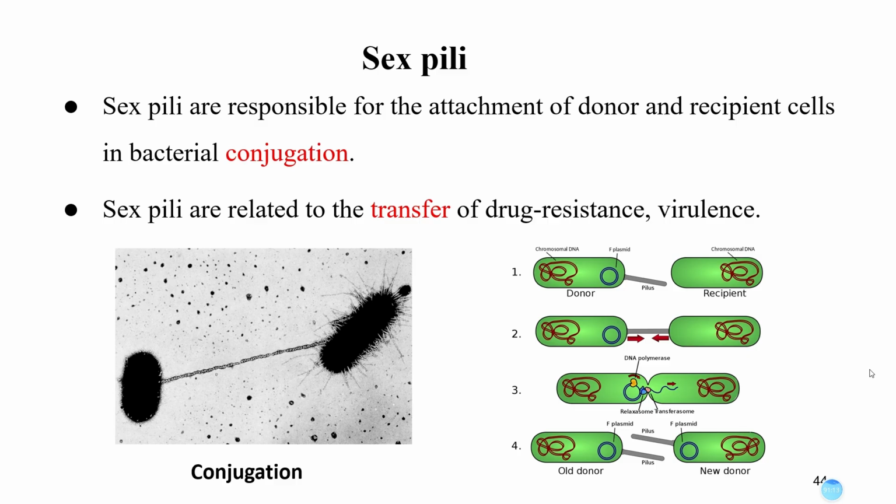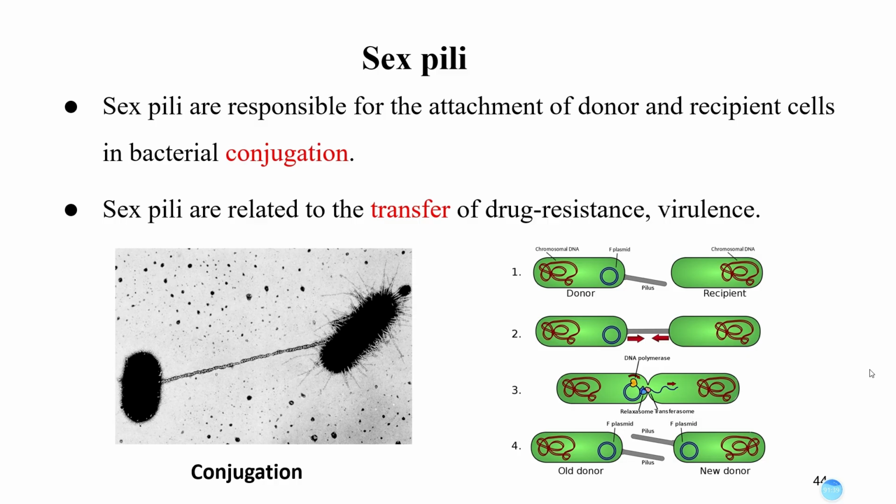When the two cells attach to each other, there will be a channel formed on the interface. Okay, and through the channel, the donor cell, this one, will copy their DNA or a plasmid DNA into the recipient cell, and finally, both the donor cell and the recipient cell will carry the same plasmid.